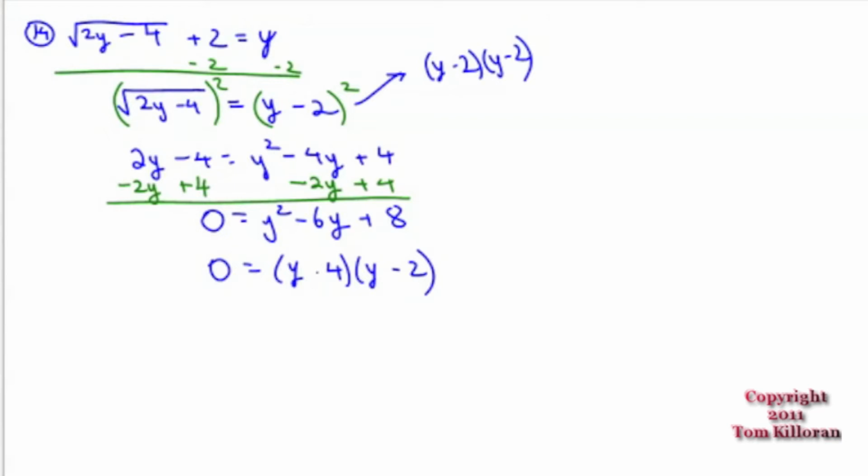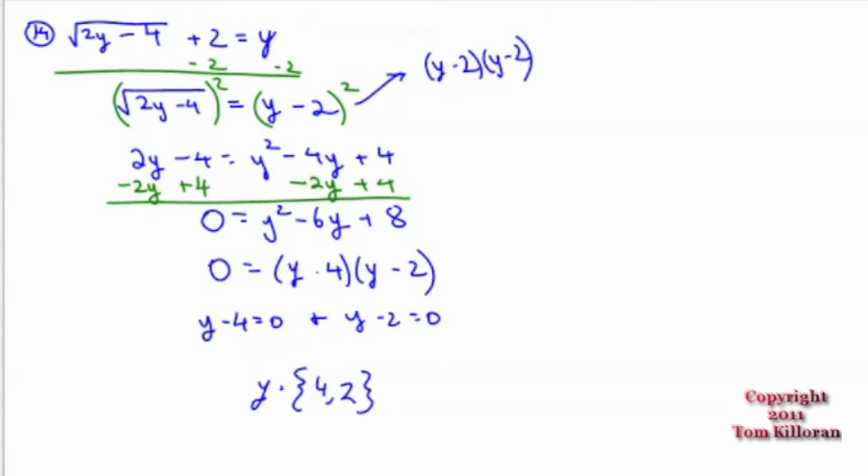So now I take my two factors and set them both equal to 0. So you get y minus 4 is equal to 0 and y minus 2 is equal to 0. You can skip that step, but if you get lost, you want to go back to basics and figure it out by hand. And then we get y is equal to 4 and 2.